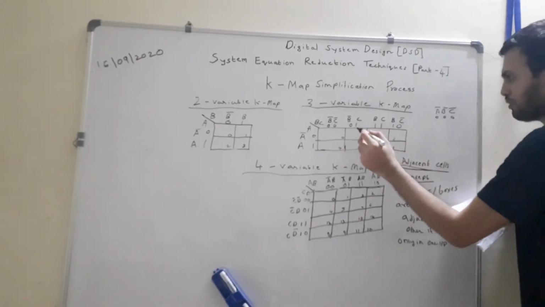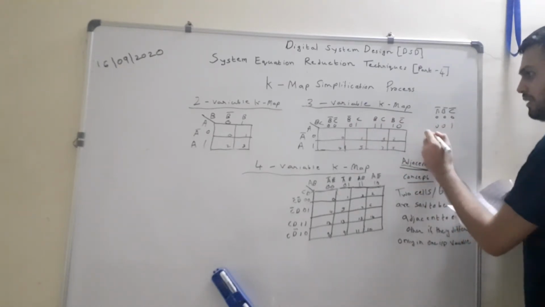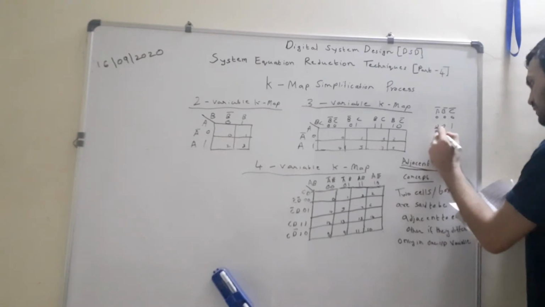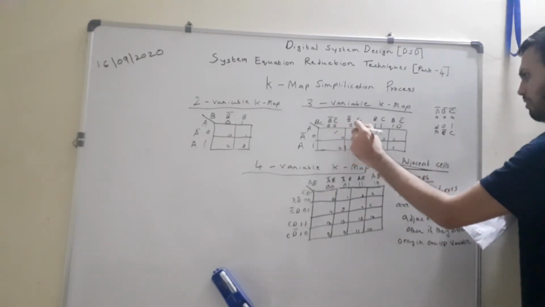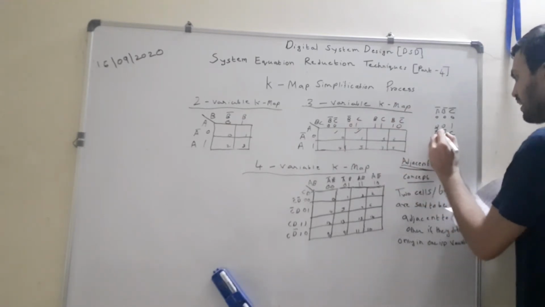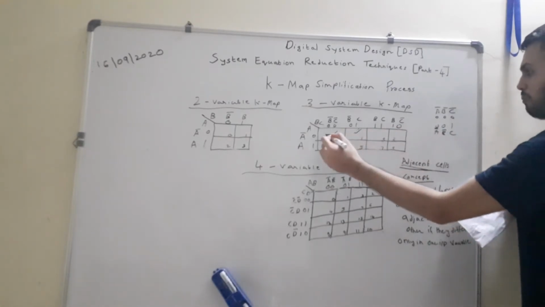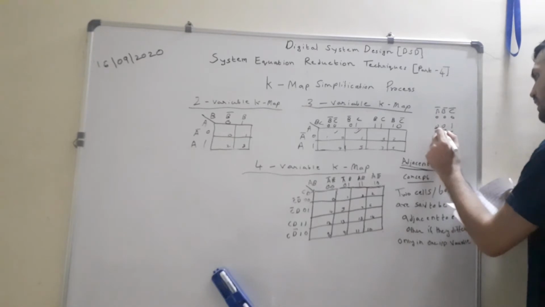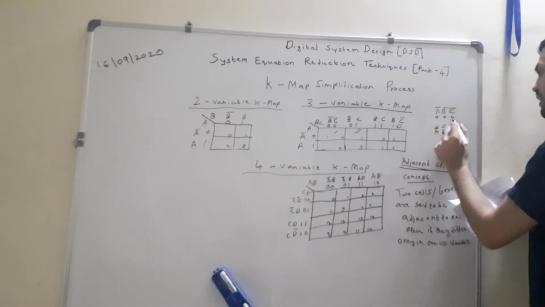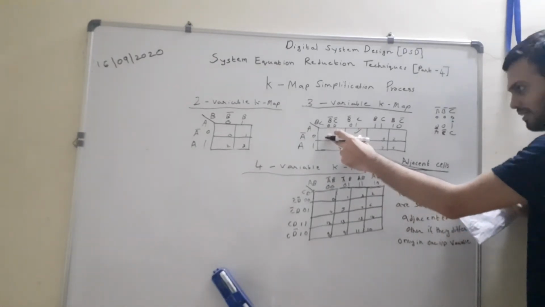And the cell next to it is 0, 0, 1, that means A bar, B bar, C. You can see the previous cell was 0, 0, 0, and the next cell is 0, 0, 1. So only one input variable changes over here. That's why these two cells are said to be adjacent cells.